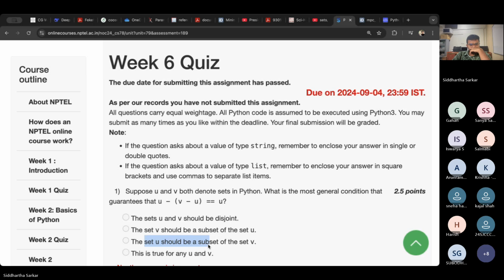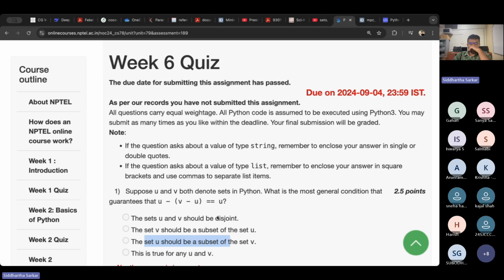Yes, sir. The set U should be a subset of the set V. If the set U is a subset of the set V, then V minus U will be something, and then U minus that thing will not affect you. That's what you are saying. Okay.